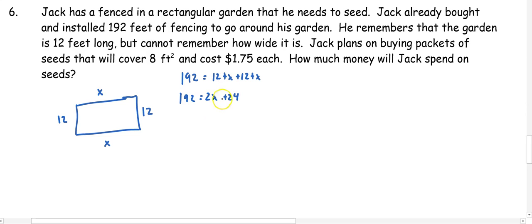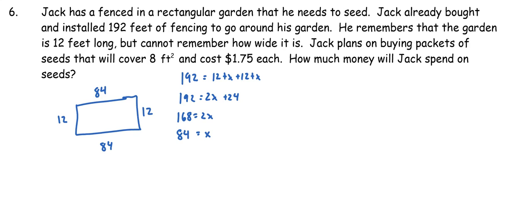We can subtract 24 from both sides, and we get 168 equals 2x. We can divide both sides by 2, and we get 84. So that means that the other dimension of our rectangle is 84.